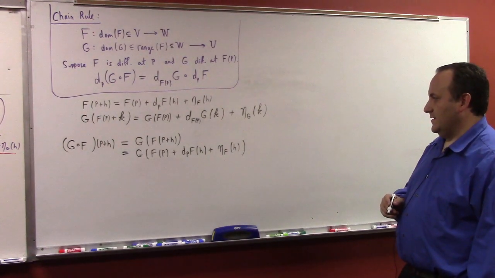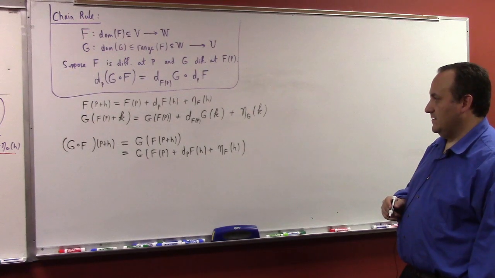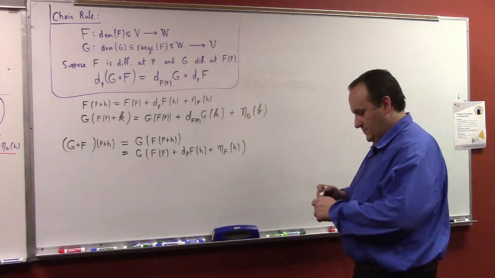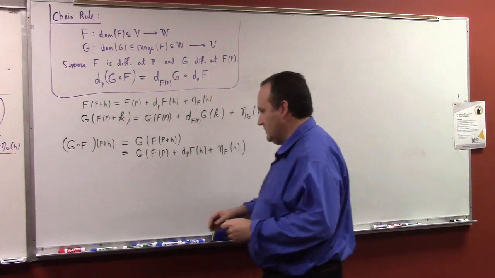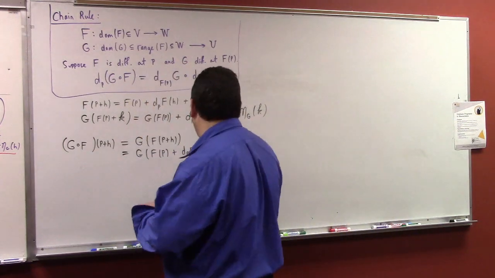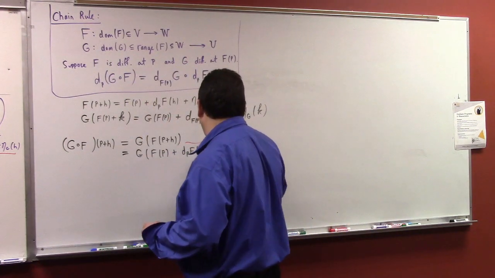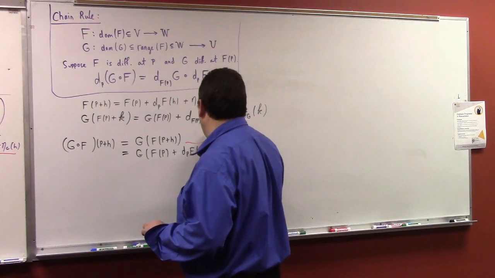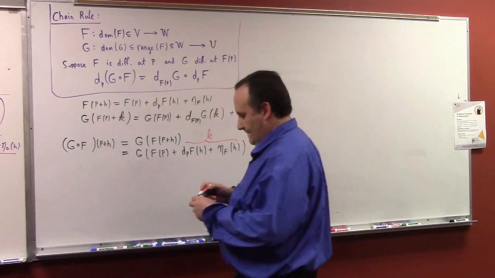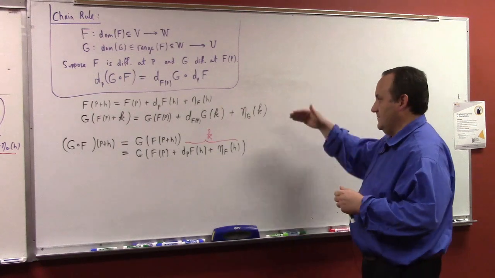However, let's see here, then I want to think about all of this right here being k. And then I do this, right?